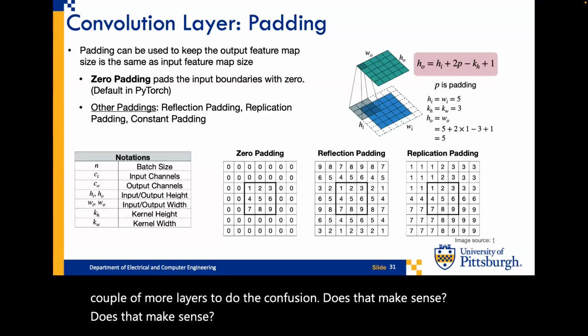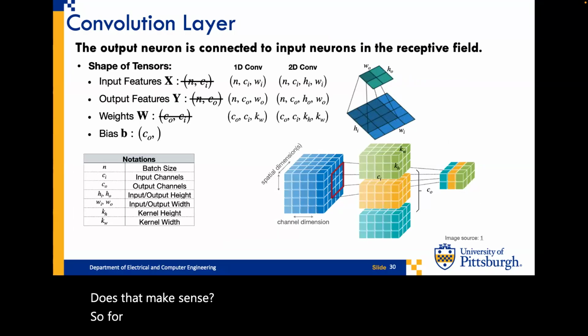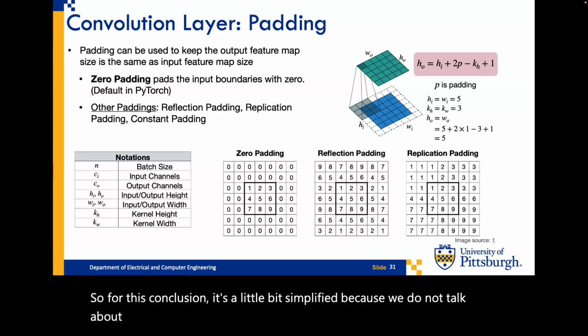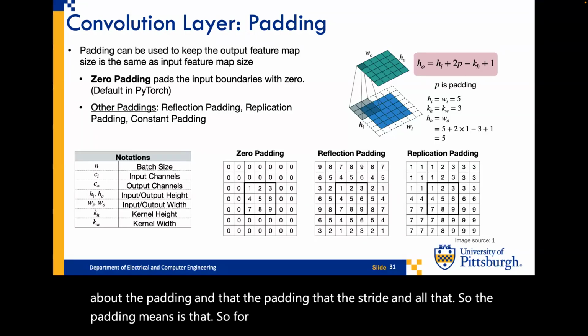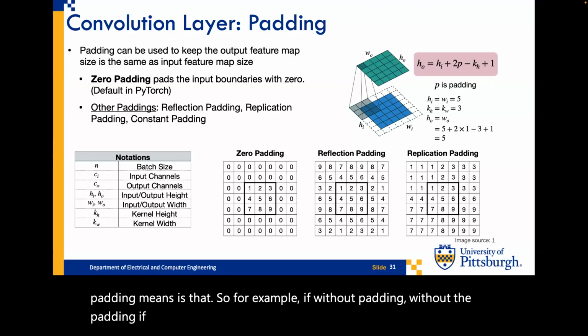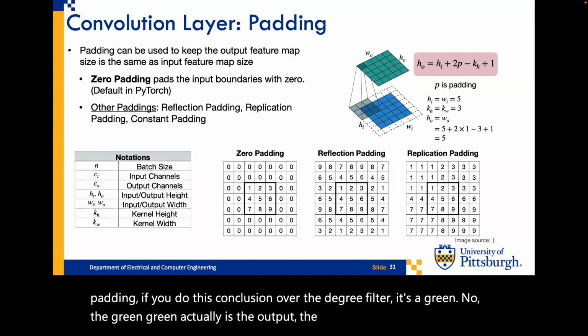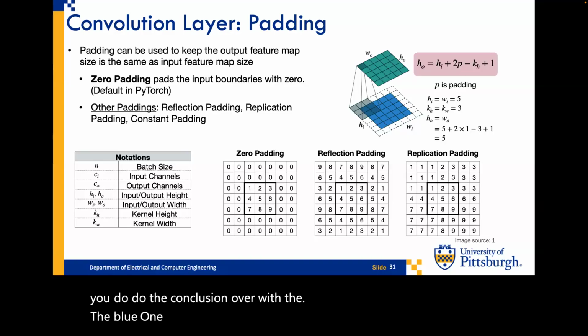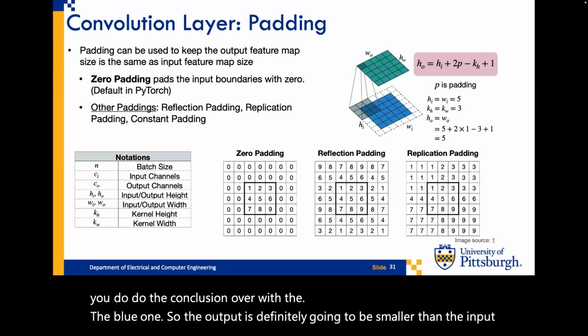For this convolution, it's a little bit simplified because we did not talk about the padding and the stride. Padding means, for example, that without padding, if you do this convolution over the blue input, the output is definitely going to be smaller than the input dimension, because the filter has a size.